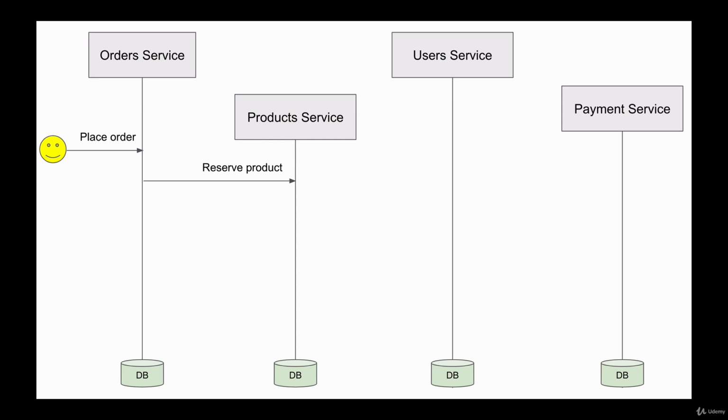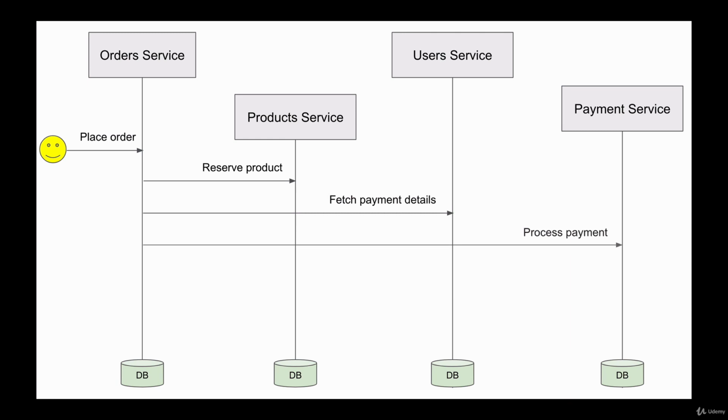And if this operation is also successful, then a request to the users microservice to fetch user payment details will be sent. Now, hopefully this operation will also be successful, and if it is, then a request to process payment details will be sent. If this operation fails, then the flow ends.